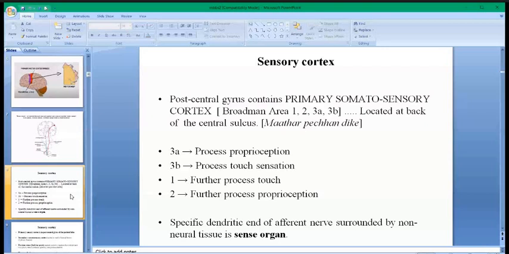That means the cortical perception is alright. So touch sensation and tactile localization present means the sensory cortex is alright. That is the test for sensory cortex.